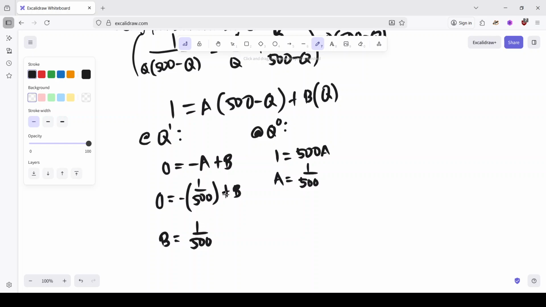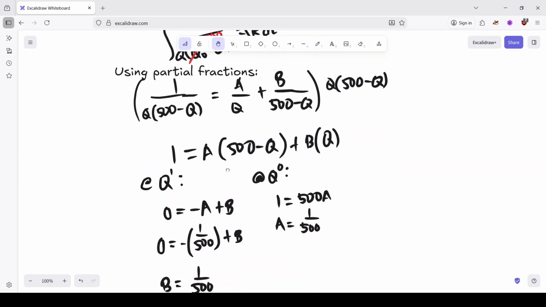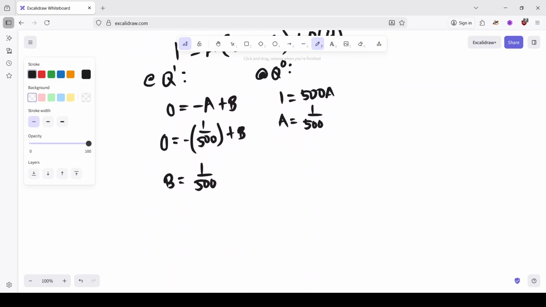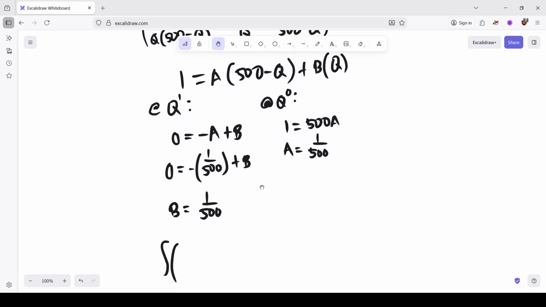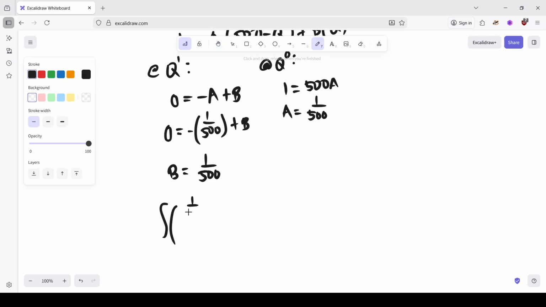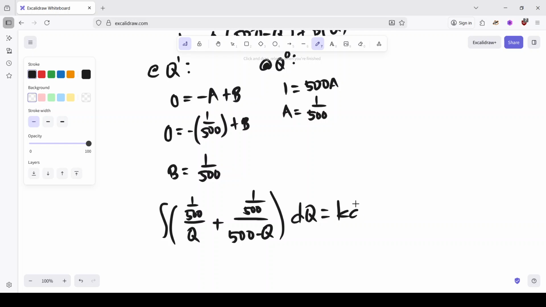Okay, so now we have our values for A and B. So we can now replace this dQ over Q times (500 minus Q) into A over Q plus B over (500 minus Q). So it becomes 1 over 500 over Q plus 1 over 500 over (500 minus Q) dQ, is equals to K dt.